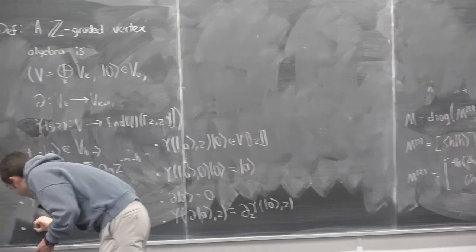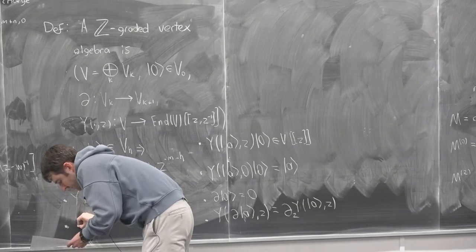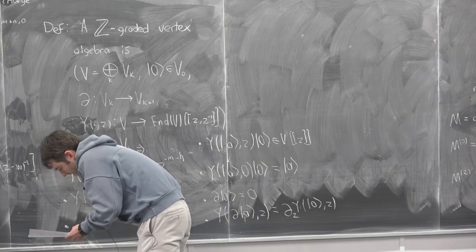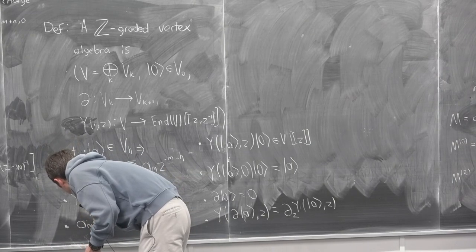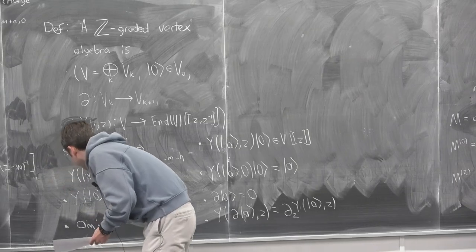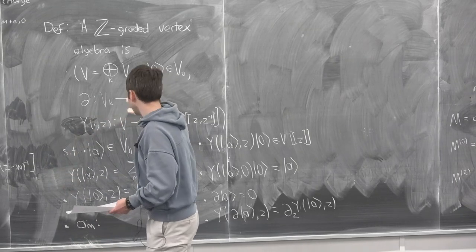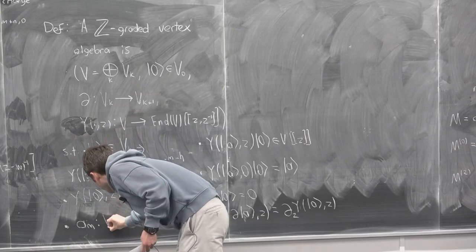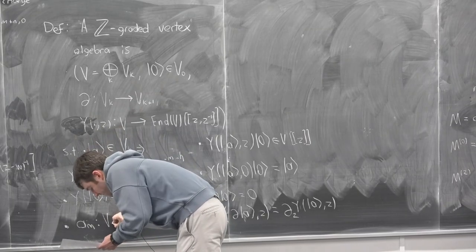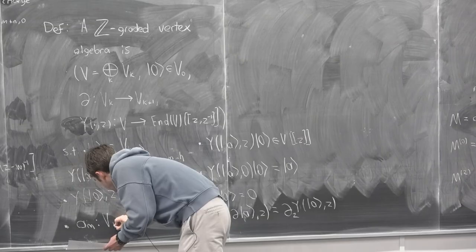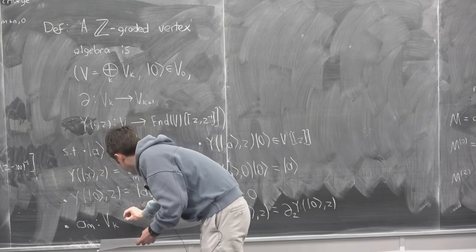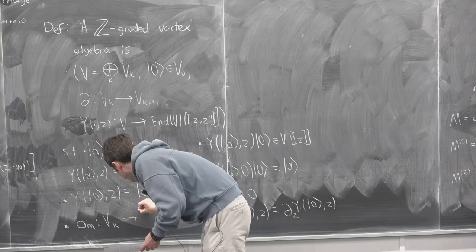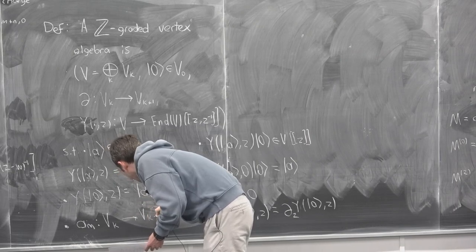A_M is a map from the vector space to itself, but considering this grading, whenever it acts on V_K, it goes to V_K minus M.